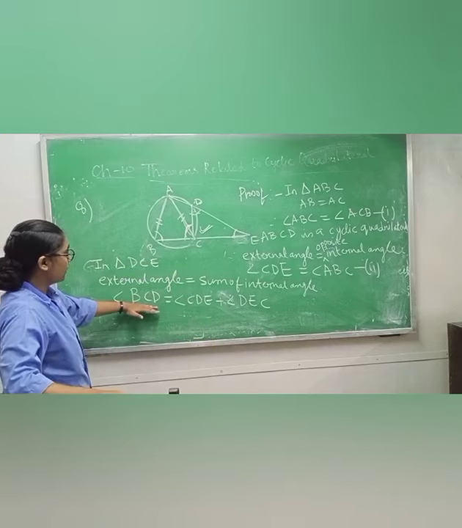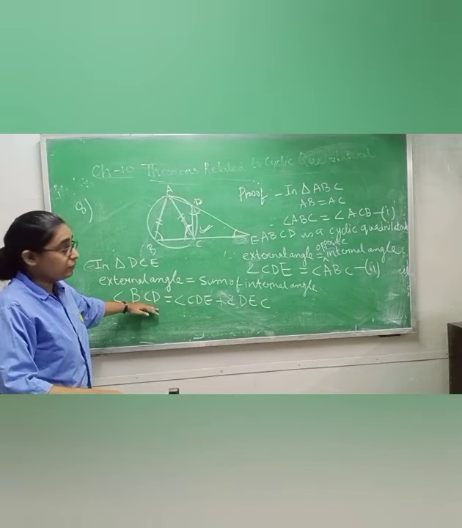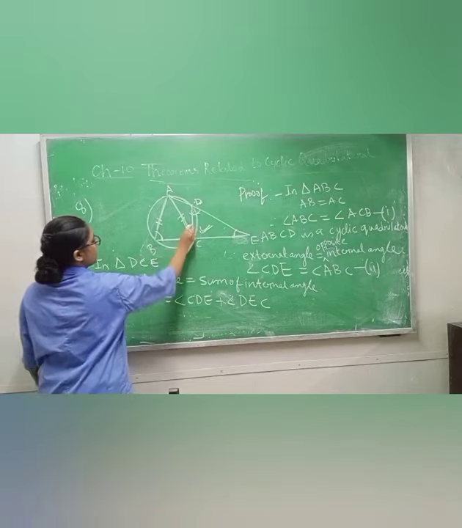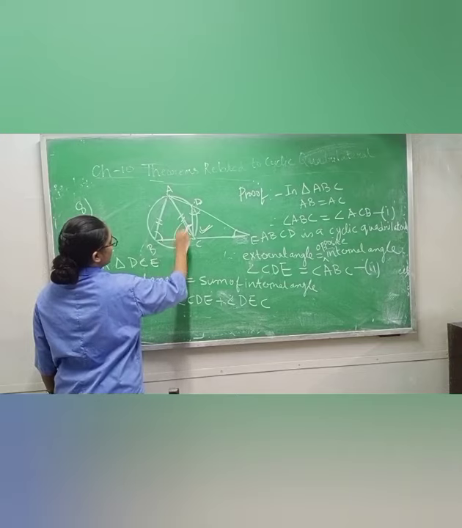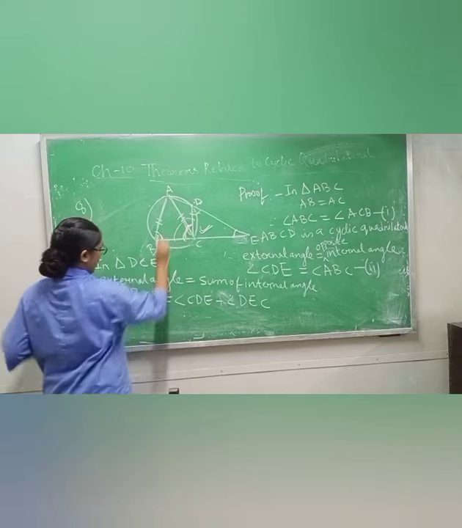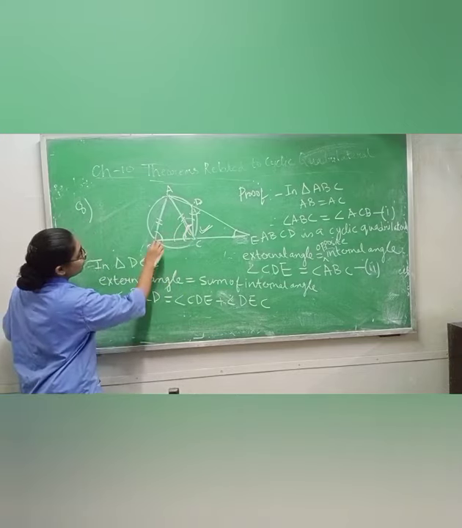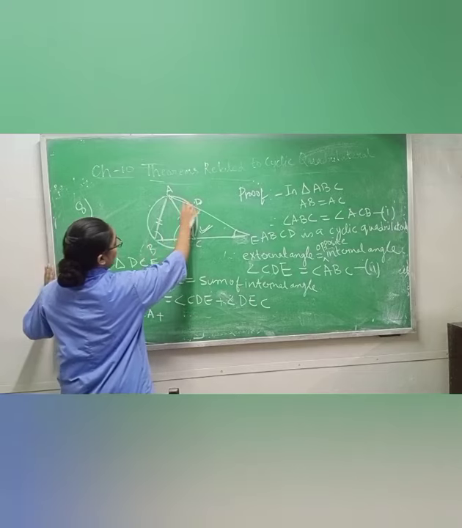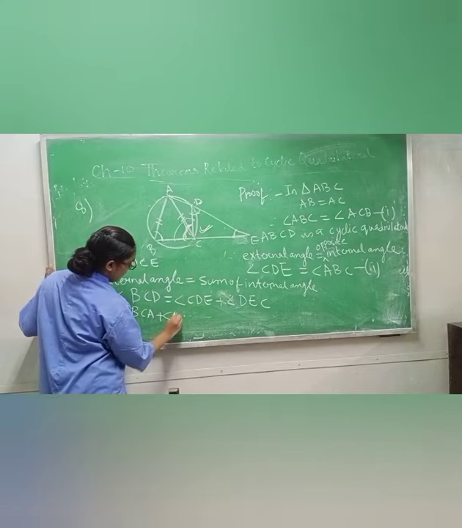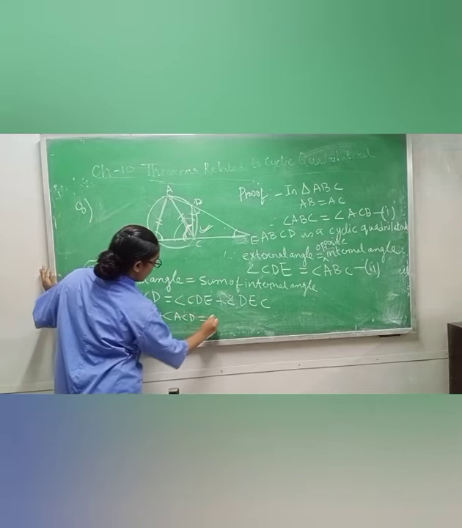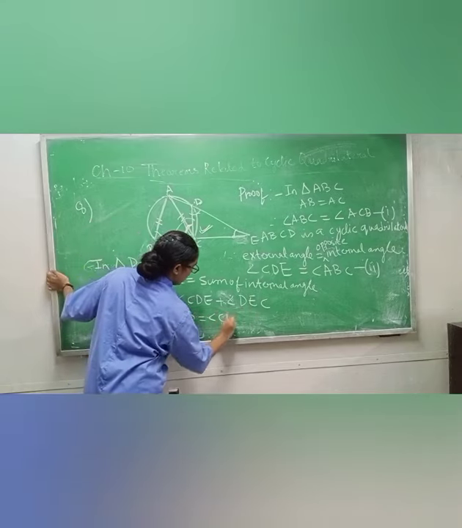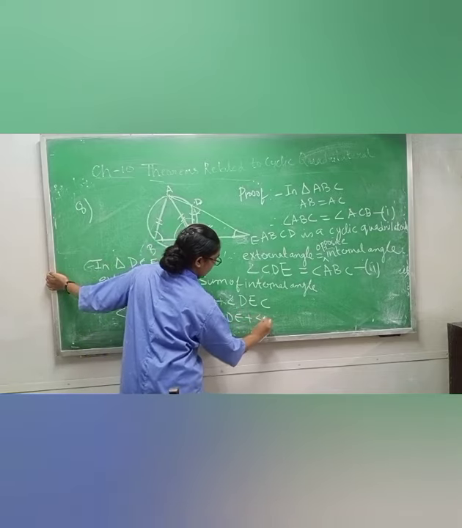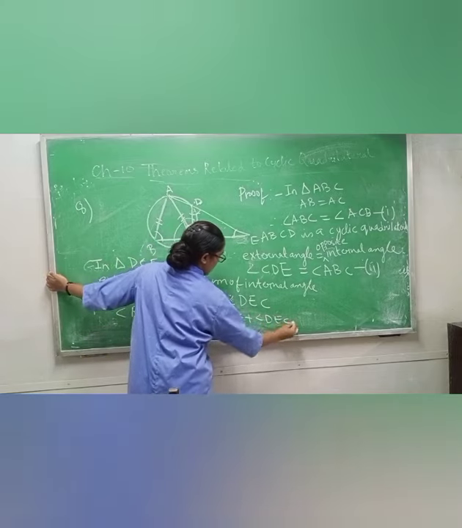In place of angle BCD, which is made up of two angles, we can write angle BCA plus angle ACD, equals angle CDE plus angle DEC.